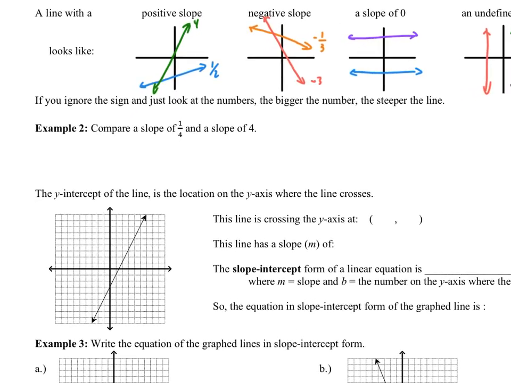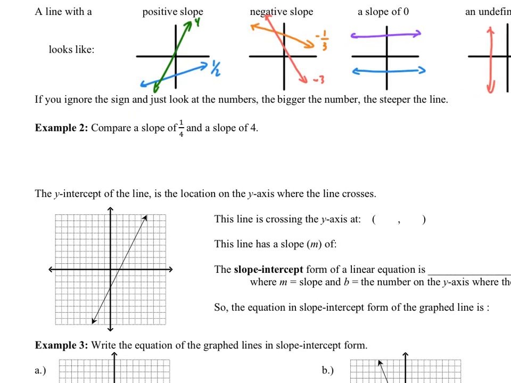So comparing two lines, comparing their slopes, right? If one had a slope of 1/4 and the other one had a slope of 4, how could we compare those? You just say that the line with slope of 4 is steeper than the line with a slope of 1/4.